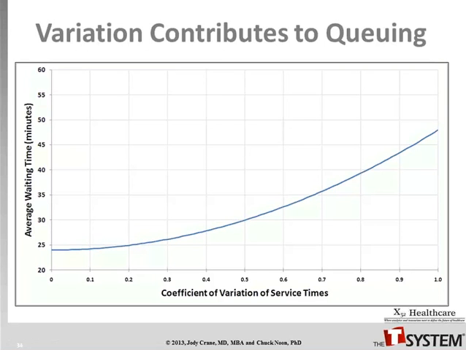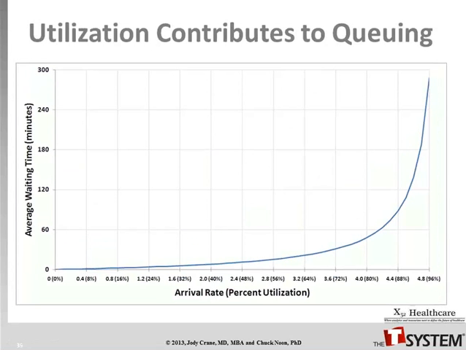The same is true regarding resource utilization. As your provider utilizations go up, as you add more tasks, the waits associated with that particular server are going to go up exponentially as well.